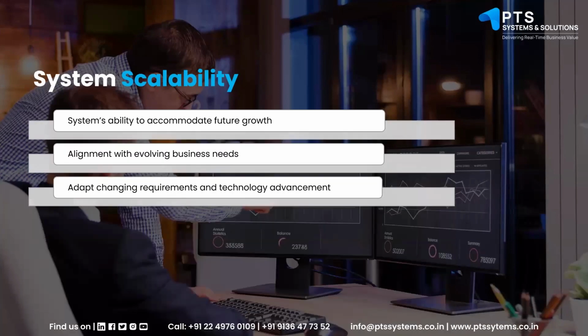The next slide is on system scalability. When do we call SAP scalable? When there are changing business needs, or the company is going through growth. For example, your company opens a new manufacturing unit in a different location, and that needs to be configured into SAP as a new location. Then there is alignment with evolving business needs.